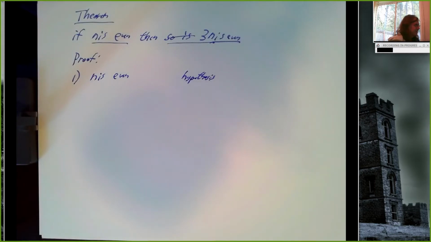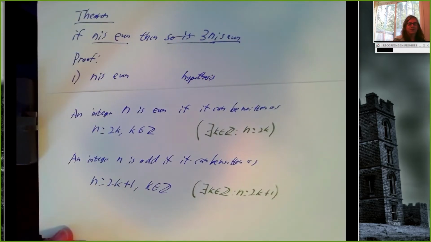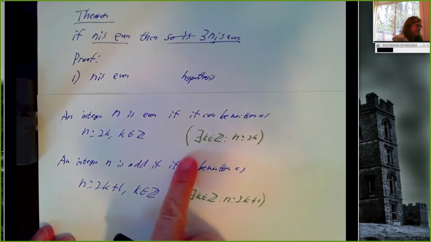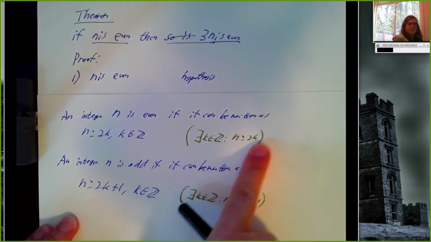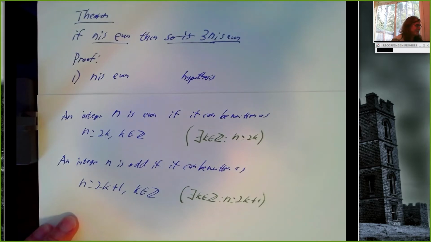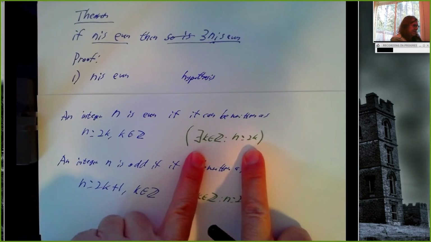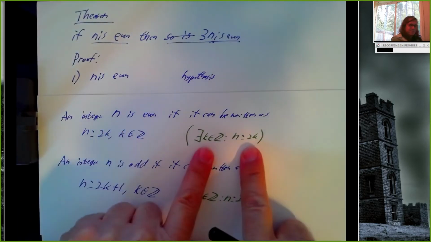I wrote down n is even, I said that's a hypothesis. Where can I possibly go from here? Really, the only option is use your definitions. Since n is even, there exists some integer k such that n equals 2 times k. That's a proposition, and if n is even, this proposition is true.